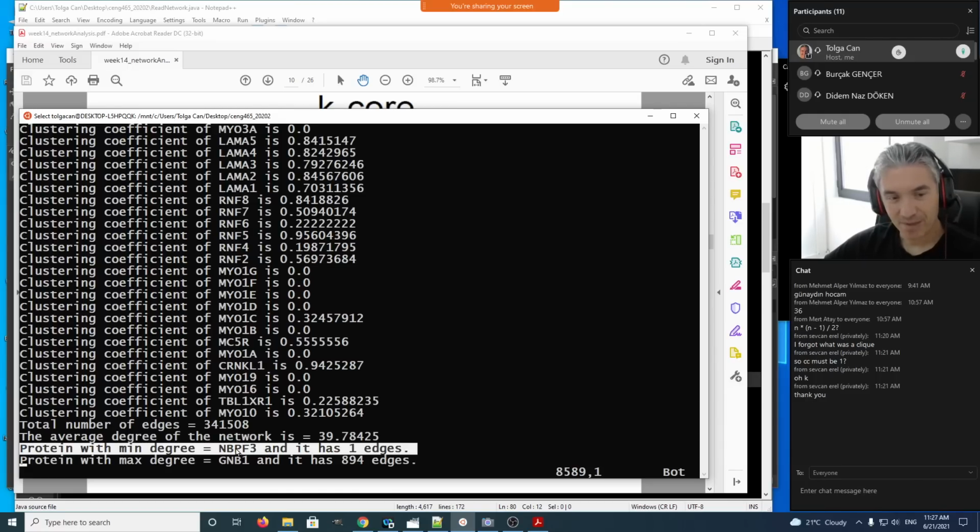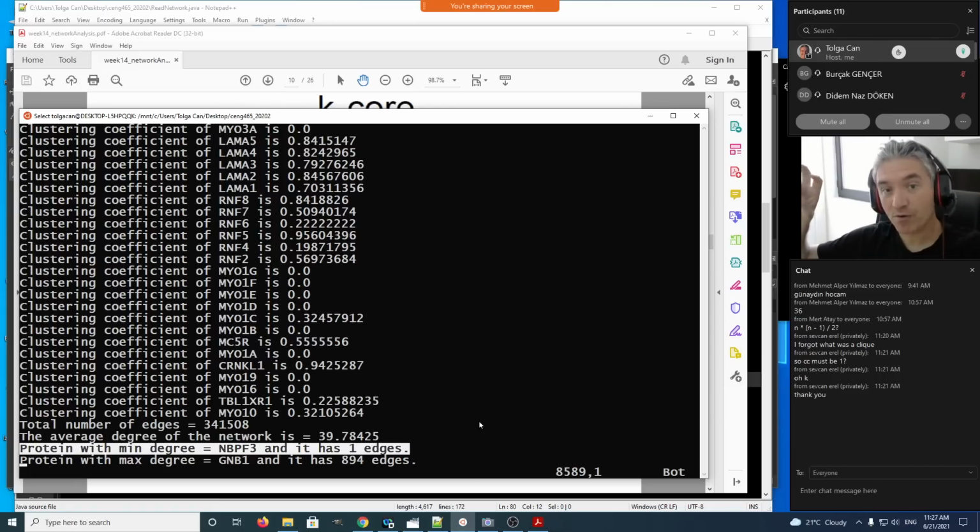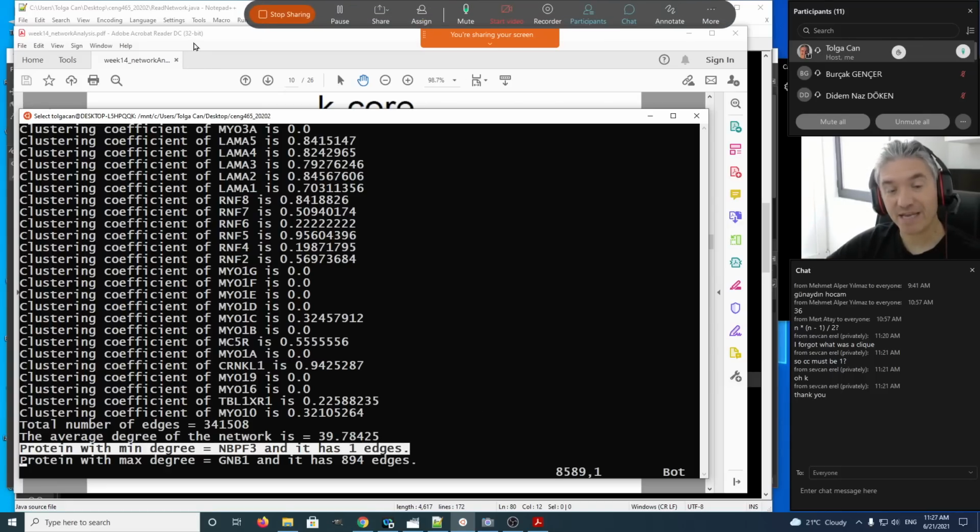So by looking at its degree, we can say that it can be a member of a maximum of, I mean, this could also be a member of 894, but it's not certain. That's the maximum K-core it can belong to. So if the maximum K-core it can belong to is 1 for this node, what I can do is mark all those nodes with 1 degree as having K-core value 1, and then remove them from my network.